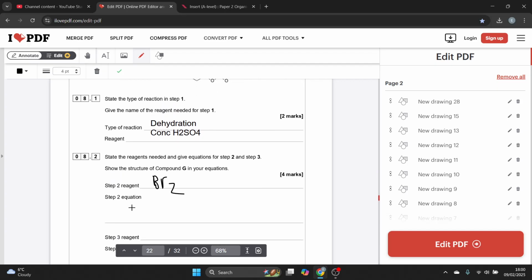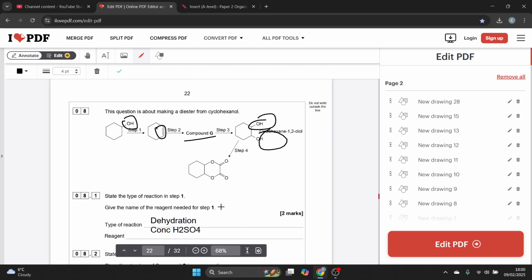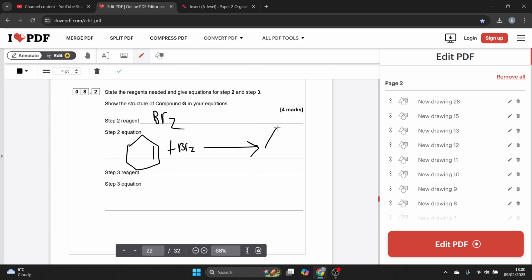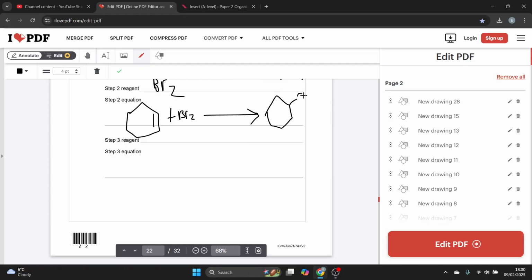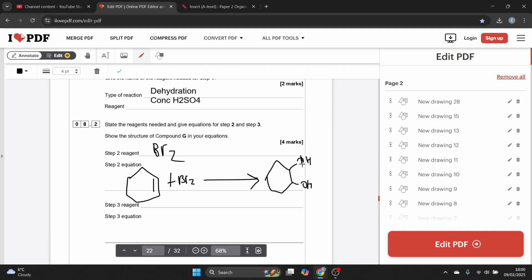And the equation: I've got this double bond here plus Br2, and then I'll get this with your Br and your Br. Yeah, that's what you'd get.